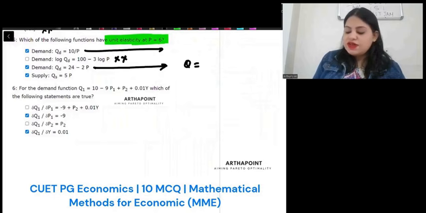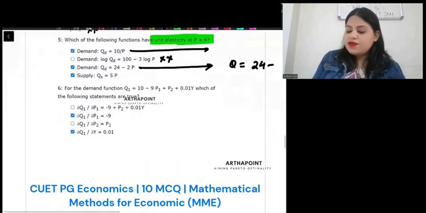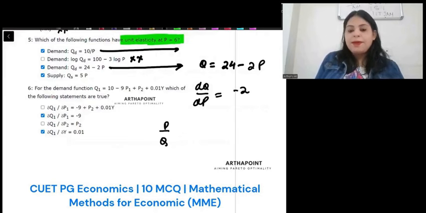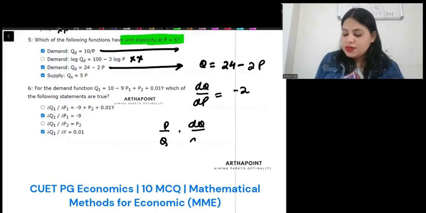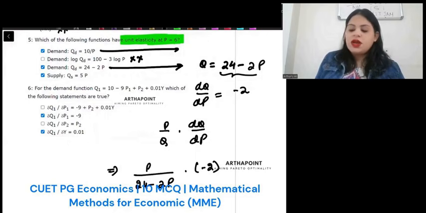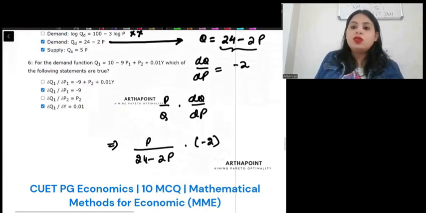So beta, Q is given as 24 minus 2P. So beta, dq by dp ho jayega -2. I want to find out elasticity, matlab P by Q into dq by dp. This is what I want to find out. So beta, this is going to be P by Q into -2. Now I want to test at P equal to 6.